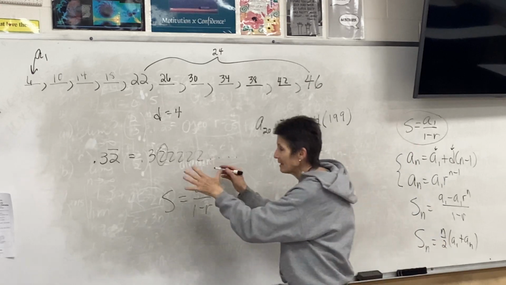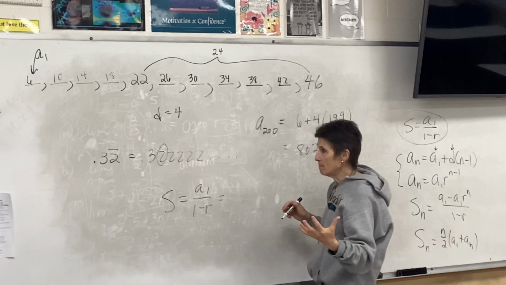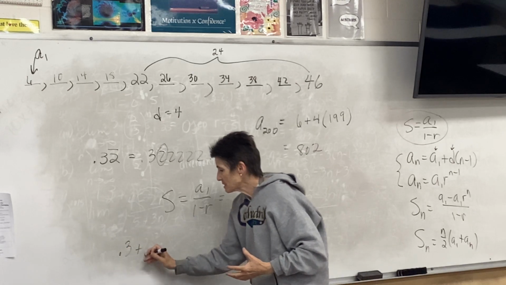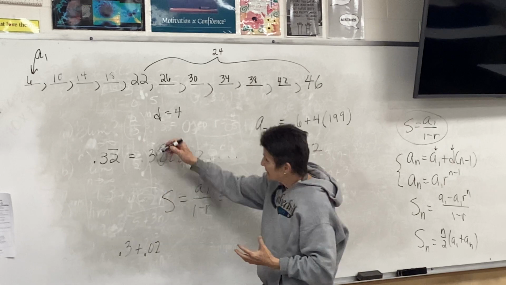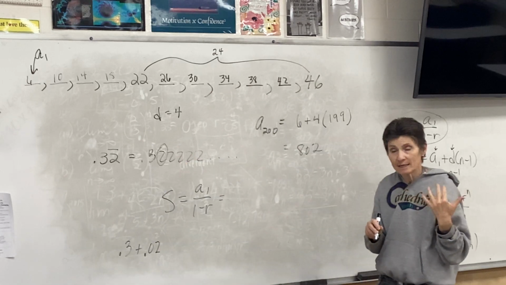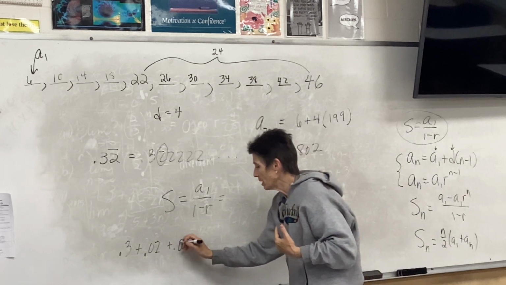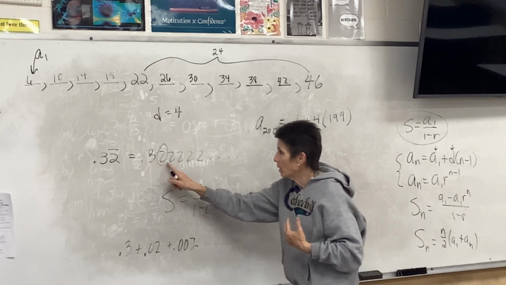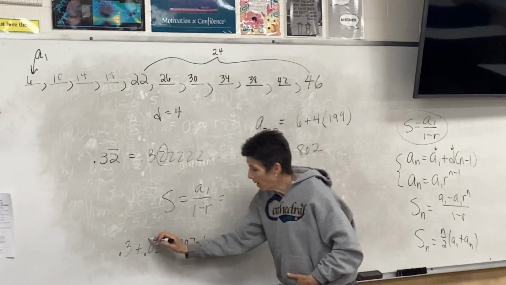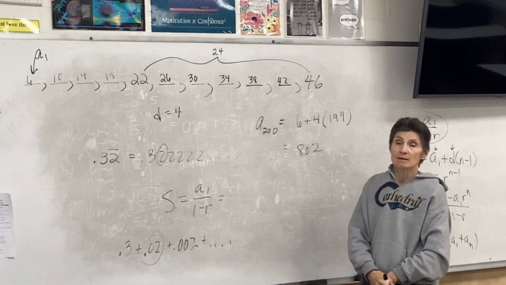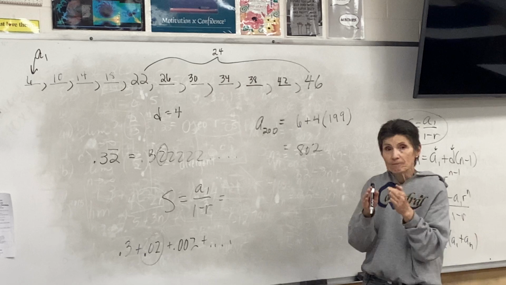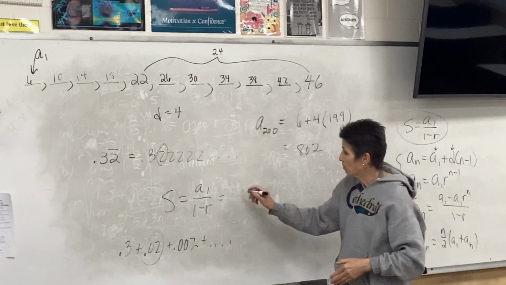So if we think of this as a sum, we have 0.3 plus 0.02. Got to disregard him. He isn't part of the repeating. And then we have 0.002, 0.0002, and so on. So the first part of the repeating, that's all the formula can handle. You have to have a sequence. The first part of the repeating is 0.02.